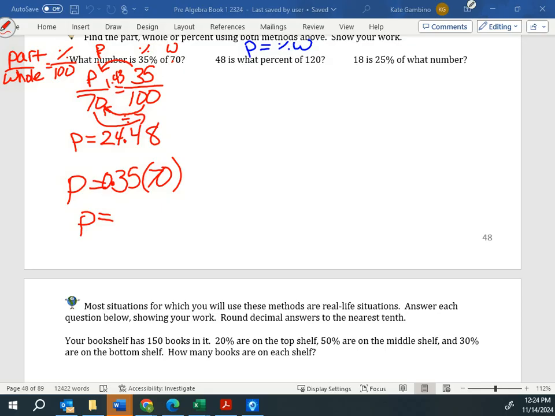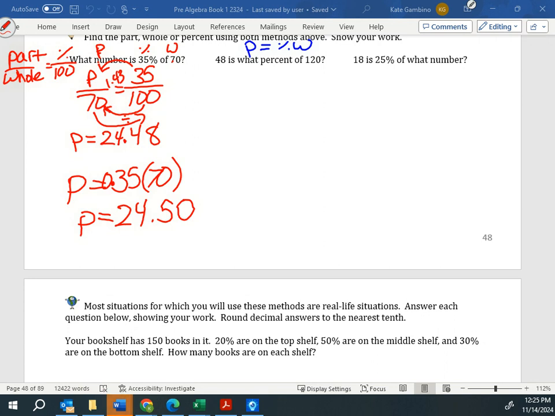So what is 0.35 times 70? What did you get? 24.5. Okay, so if we get 24.5 and we're going to the hundredths place, what would we put in for the hundredths place? A 0. Okay, we don't change it.